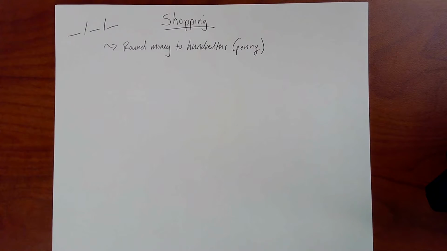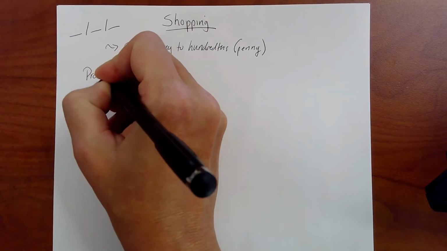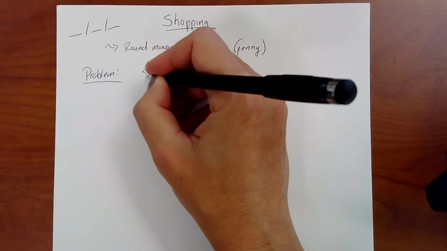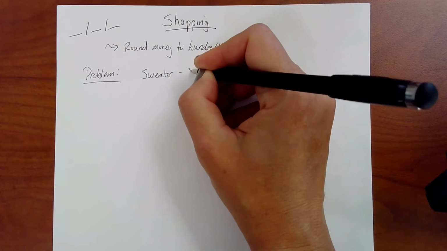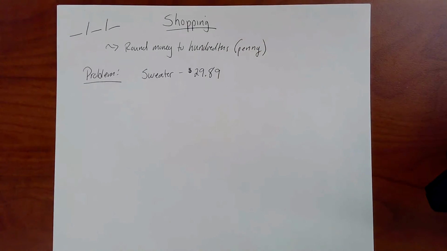All right, so we're going to get a problem, and let's just go right to it. Let's say the problem is you are buying a sweater, a nice sweater, for $29.89.